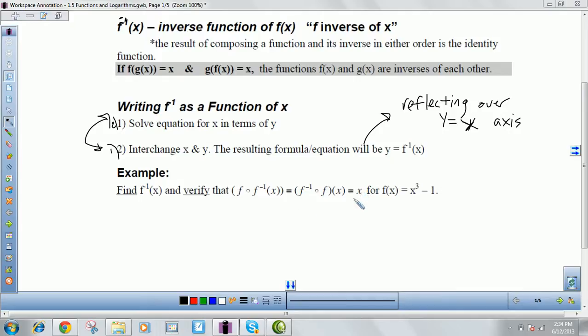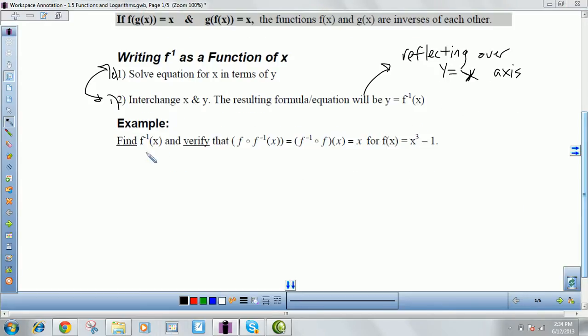Okay, so if we take a look at this, what we want to do is go ahead and find the inverse and verify that these two statements are in fact true. So first of all, the inverse: if we switch the x and the y, it's going to be x is equal to y to the third.